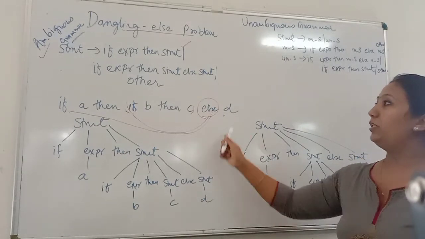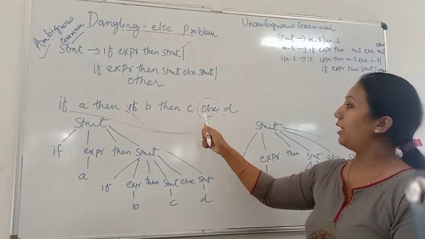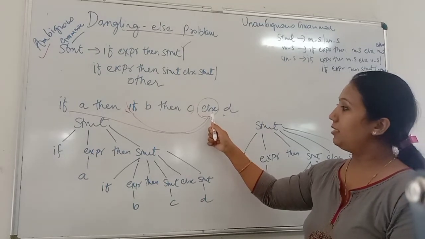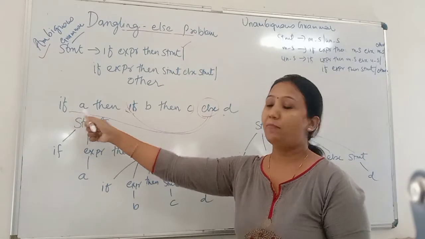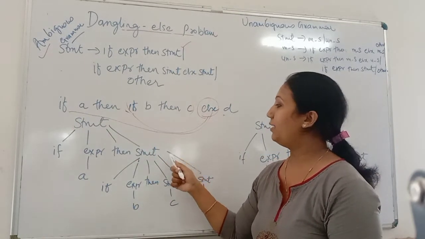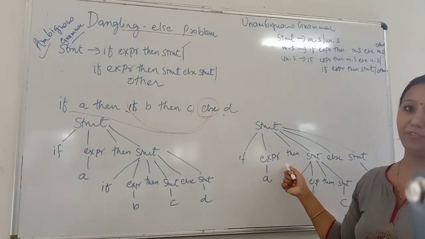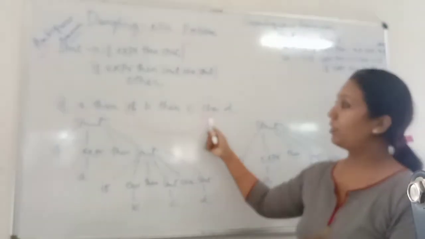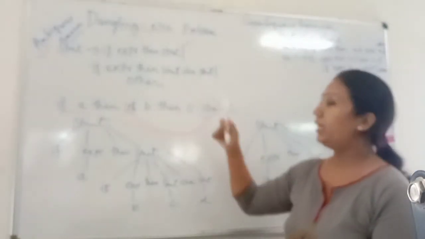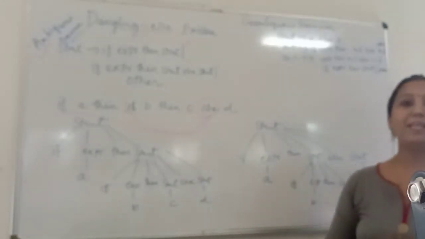Due to the ambiguous grammar, the else can be attached to any of the ifs, so we get two different parse trees to derive the same string.